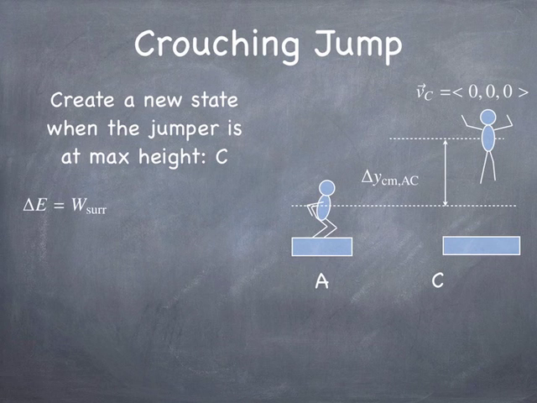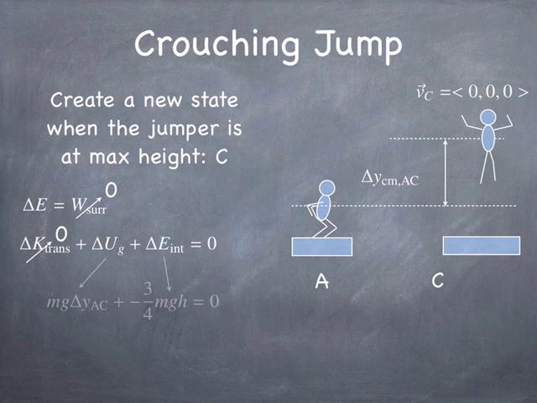Again, the change in the energy is the work done on the system by the surroundings, but we know the floor does no work, and we're including the Earth in the system, so we don't include that in the surroundings. We know the translational kinetic energy is 0 at the top and 0 at the bottom, so there's no change in translational kinetic energy. So the basic idea is the change in the gravitational potential energy must be equal to the change in the internal energy.